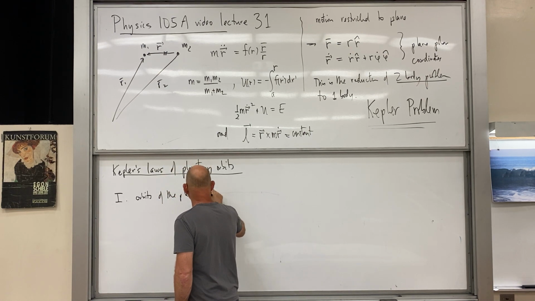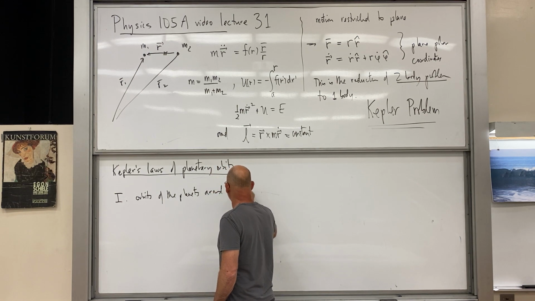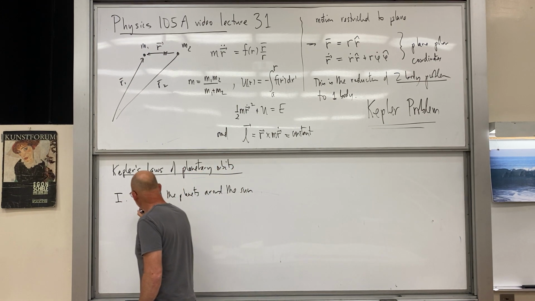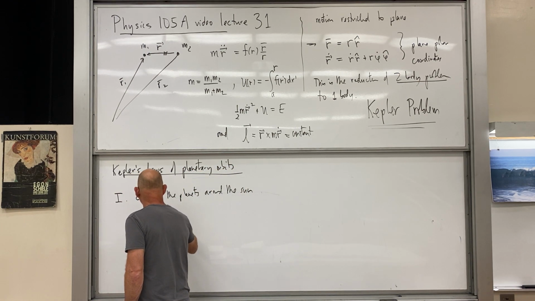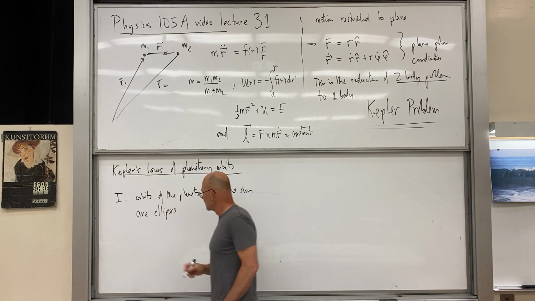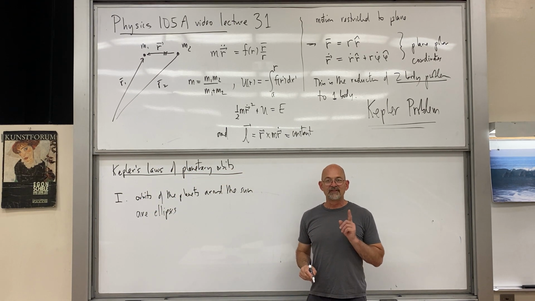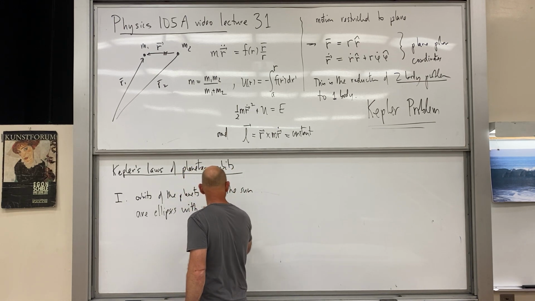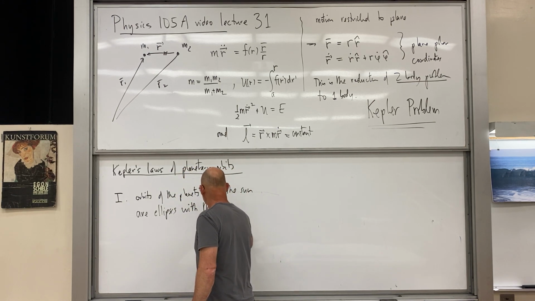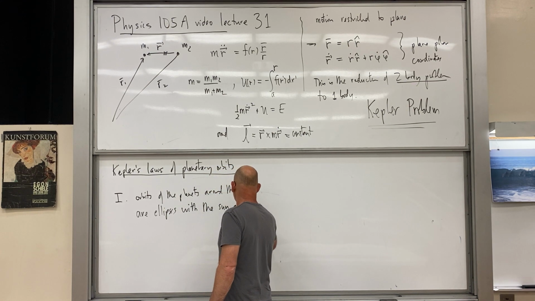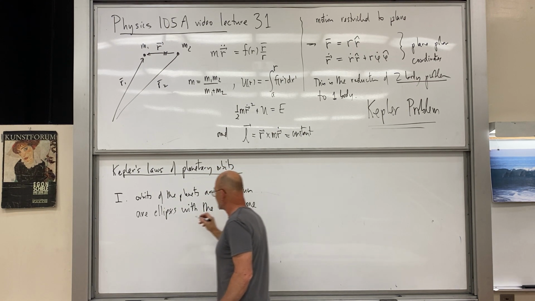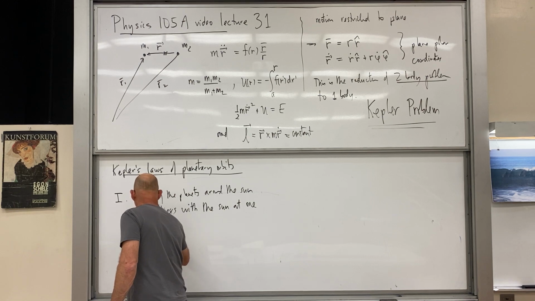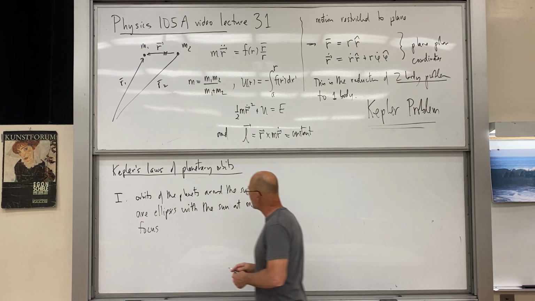Planets around the sun are ellipses. They're ellipses and the sun is at one focus. So I'm going to do a little description of this. So with the sun at one focus. Okay, so that's the first law.